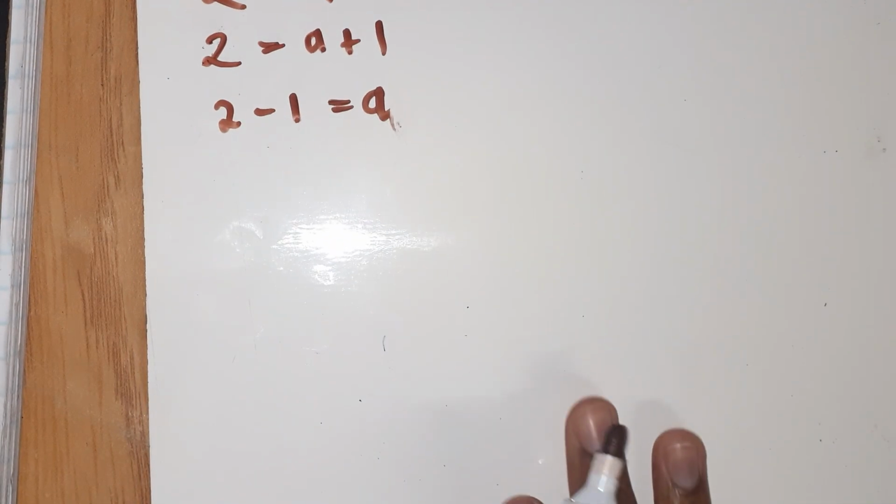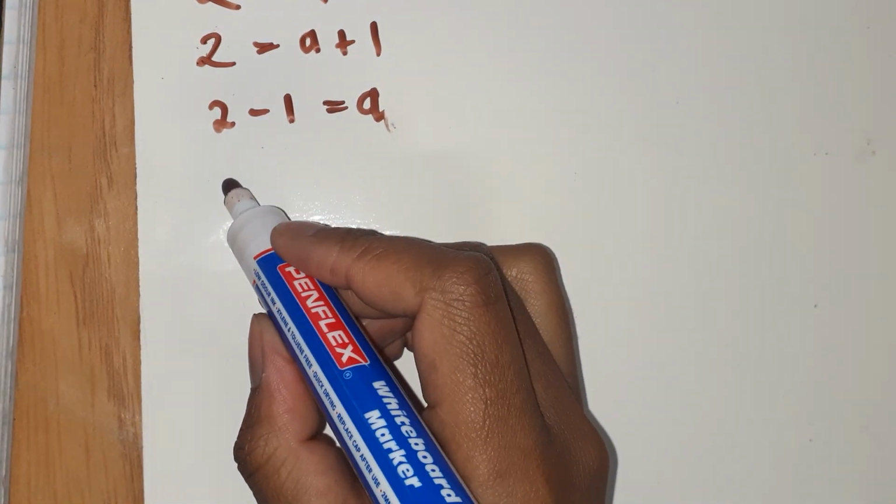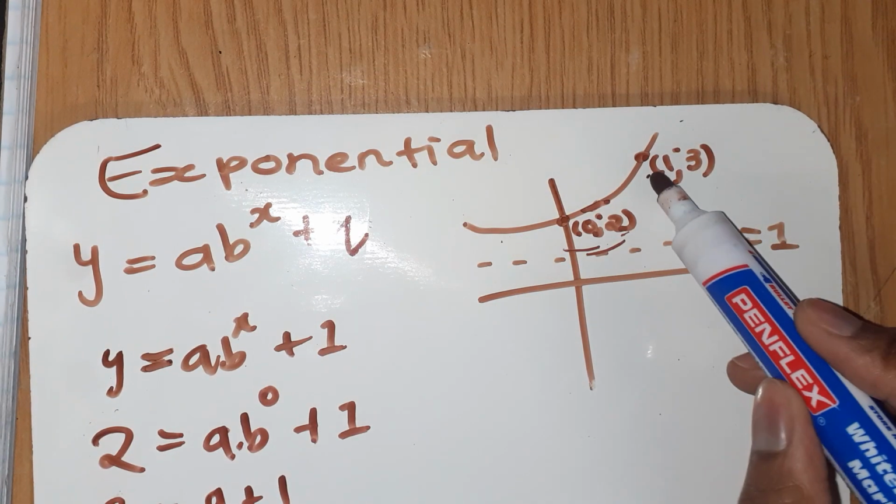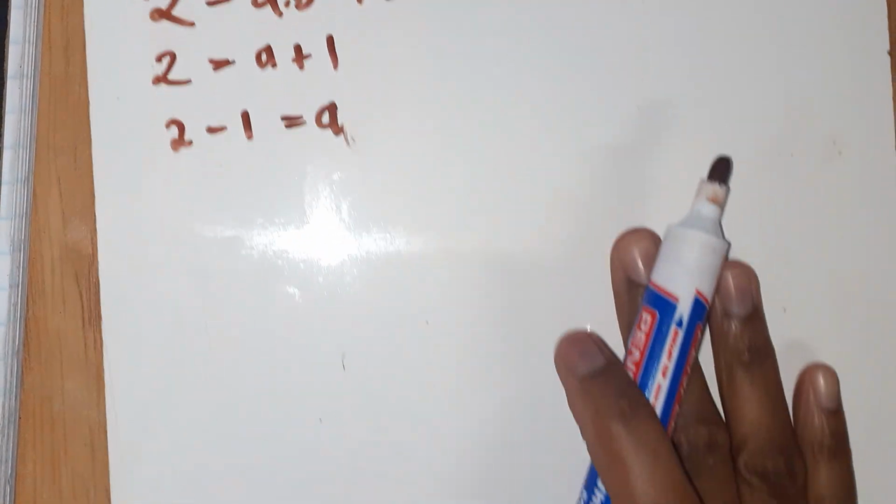So to get b, we are going to substitute other points. So we'll substitute this point, 1 and 3.